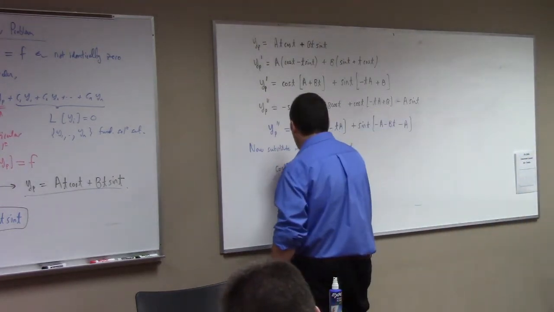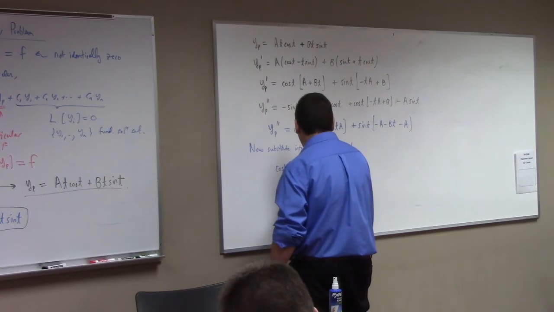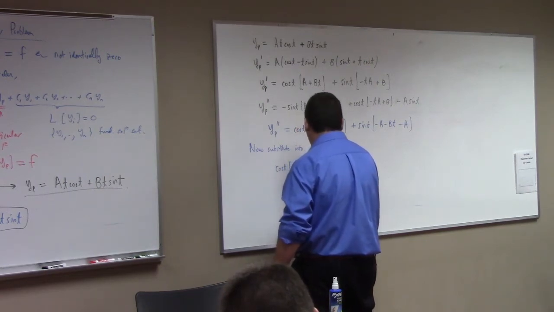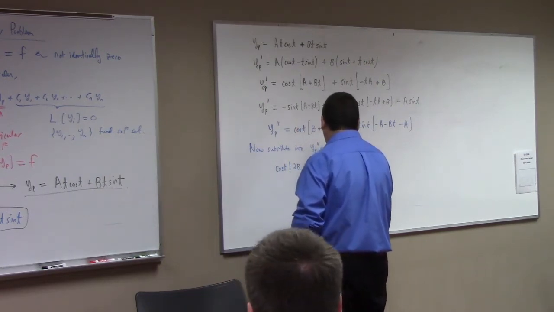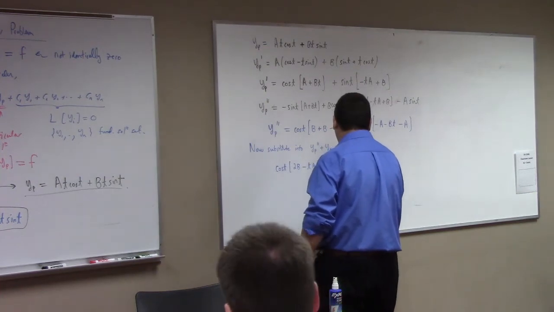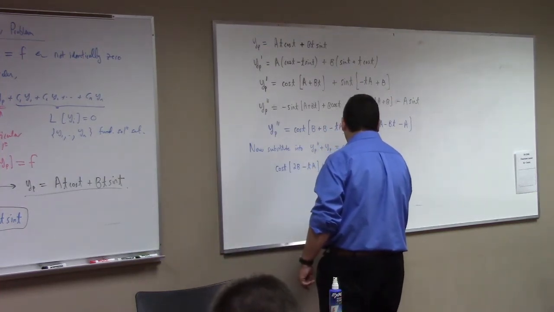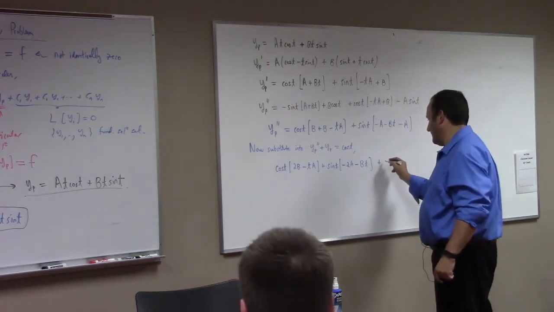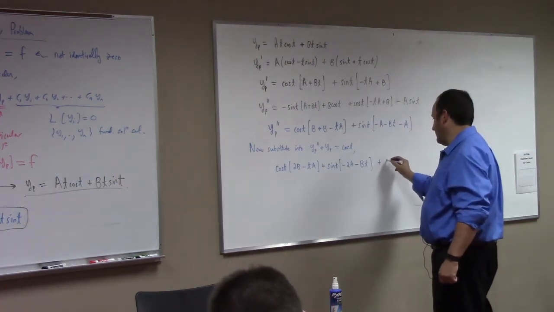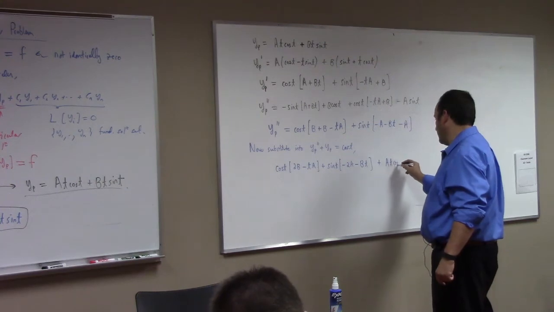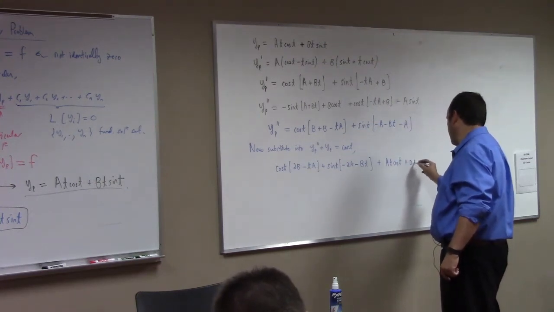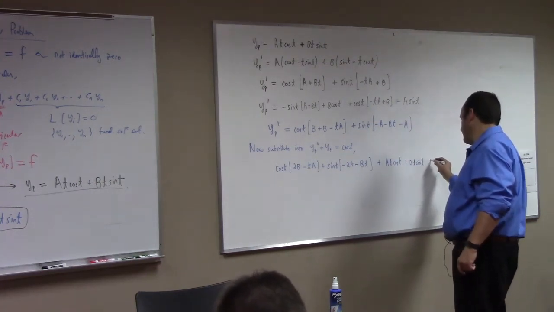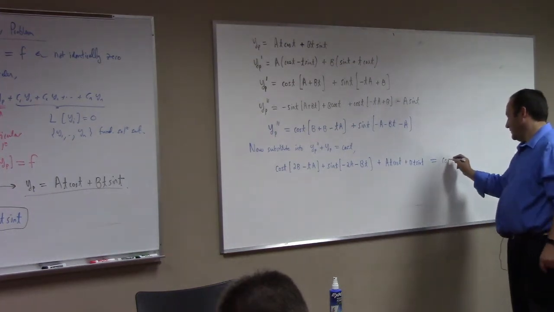Which is cosine t times 2b minus ta plus sine t times minus 2a minus bt, right? And then what was yp? Yp was at cosine t plus bt sine t. All of this is supposed to be equal to cosine t.